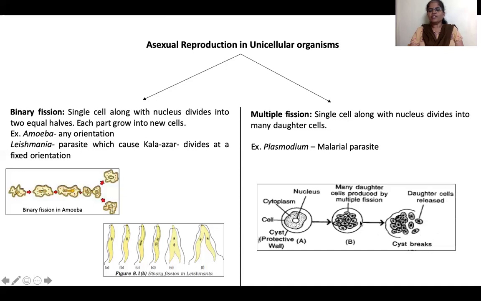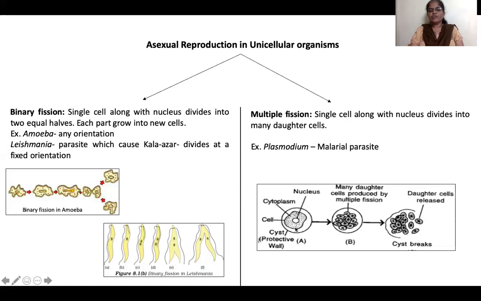Under particular favorable conditions, the cell wall, the cyst, breaks, and the daughter cells are released into our body. Thus, we get infected with malaria.